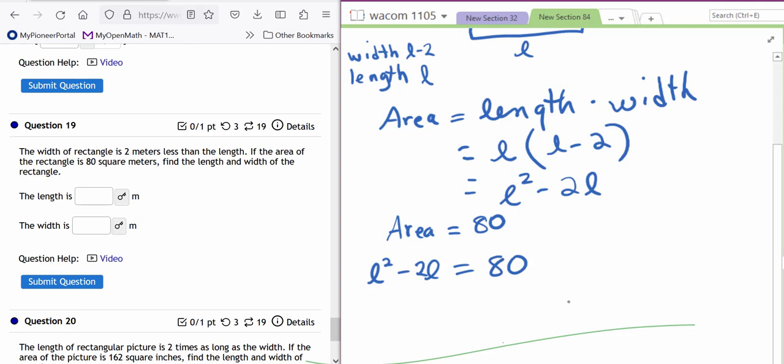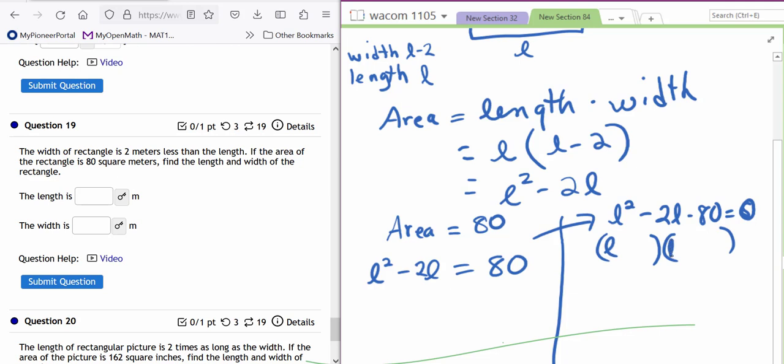And we can solve this. We need to get the 80 on the other side. All right, my screen is really messed up. So we're going to subtract the 80. L squared minus 2L minus 80 equals 0. And now you're going to factor.